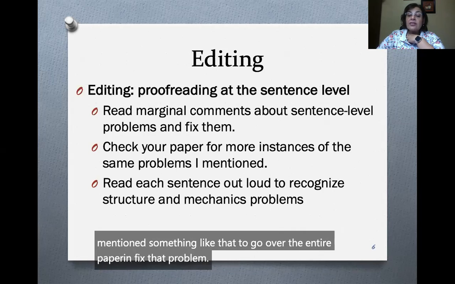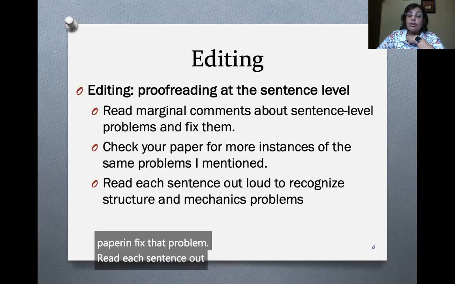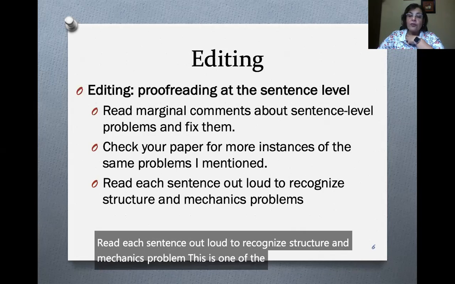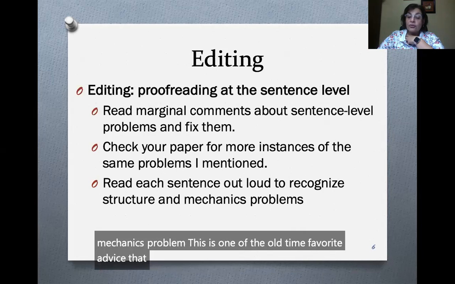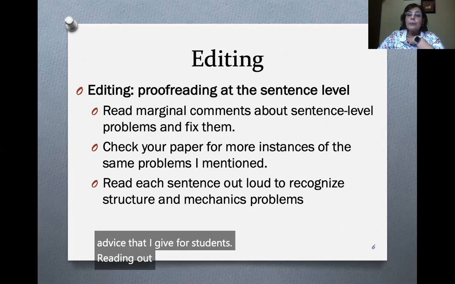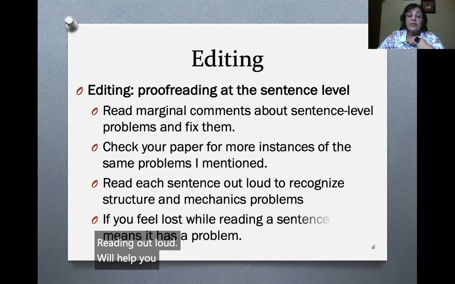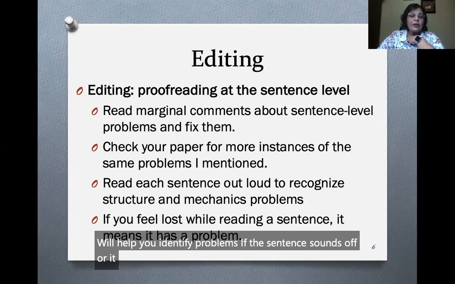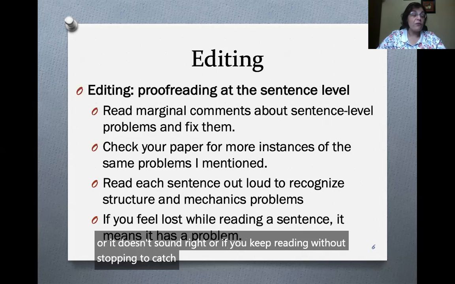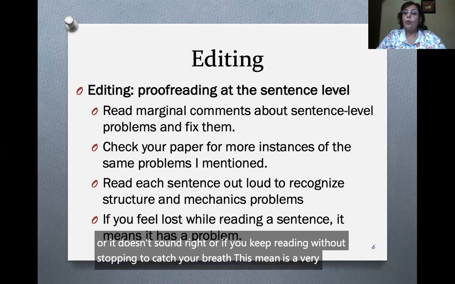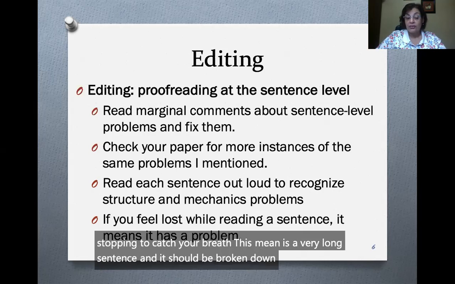Read each sentence out loud to recognize structure and mechanics problems. This is one of my all-time favorite pieces of advice for students. Reading out loud will help you identify problems. If the sentence sounds off, or if you keep reading without stopping to catch your breath, this means it's a very long sentence and it should be broken down into shorter sentences, for example.